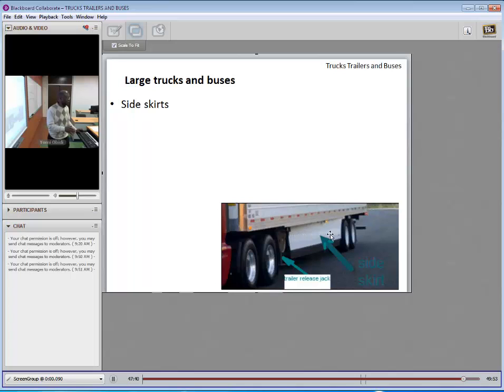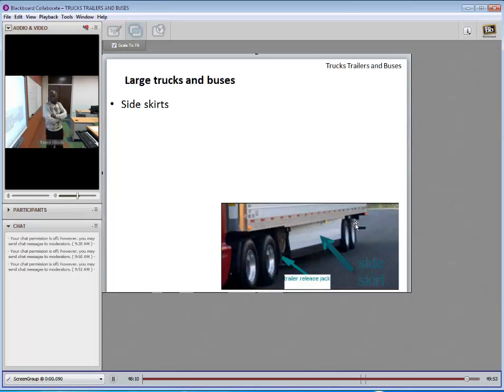That flow does not come out here to cause additional drag on the outside. Rather, the flow forms on this side skirt, which becomes a wall for it and directs the flow in a smooth pattern as it goes to the back. That's the primary benefit of the side skirt. Actually, it's an aerodynamic benefit.